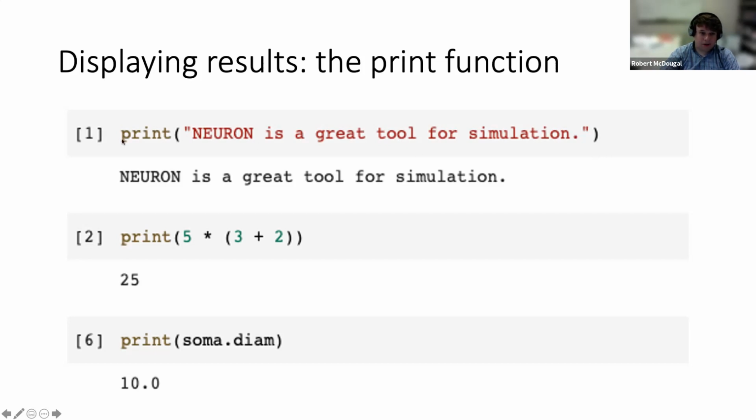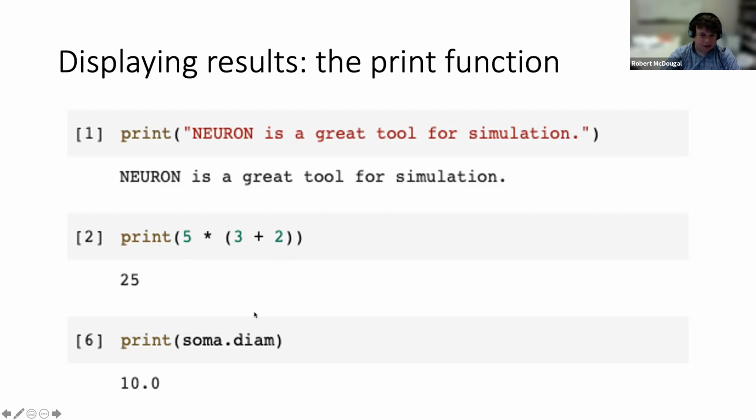So here I print the exact phrase, Neuron is a great tool for simulation. Boom, there it is. If alternatively I asked it to do a calculation, print 5 times 3 plus 2, and by the way, if you haven't seen this, asterisk is often used for multiplication, this will print out 25.